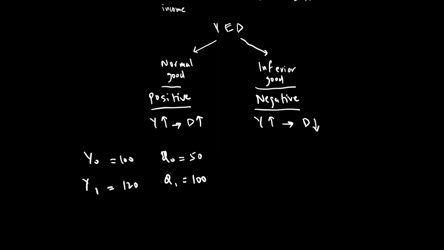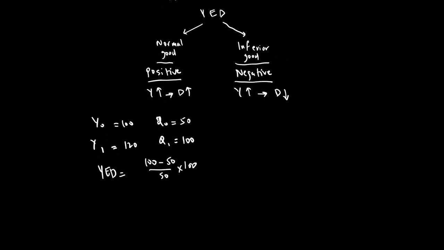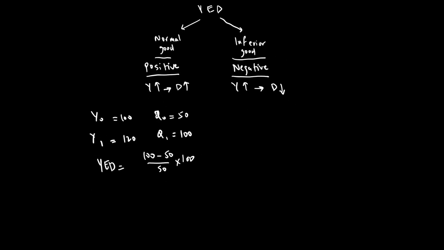So how do we find the YED? Well, we say YED is equal to the percentage change in quantity, which is basically 100 minus 50 over 50, over the percentage change in income, which is 120 minus 100 over 100 times 100.